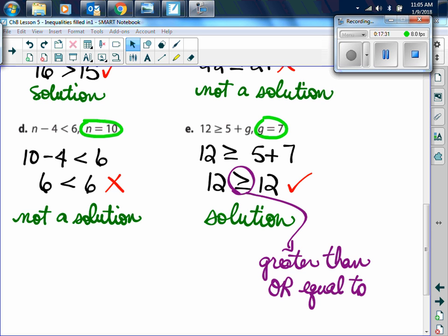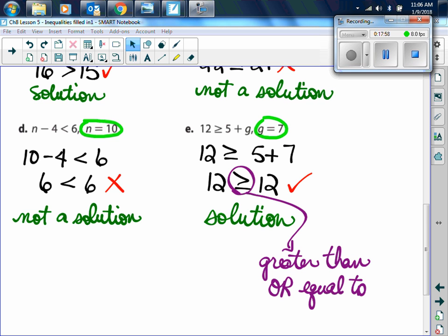All right, so for letter D, that is not a solution because when we substitute 10 in for n, 10 minus 4 is equal to 6. 6 is less than 6 is not a true statement, so 10 is not a solution. Got it? And then for letter E, we're substituting in 7 for G. So 12 is greater than or equal to 5 plus 7.